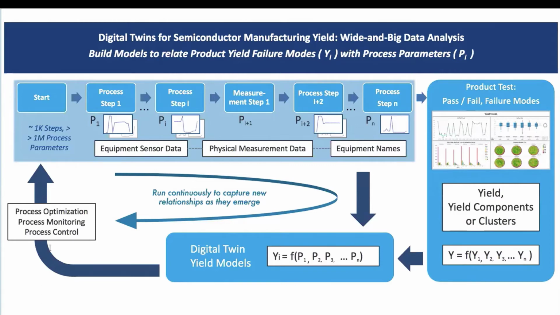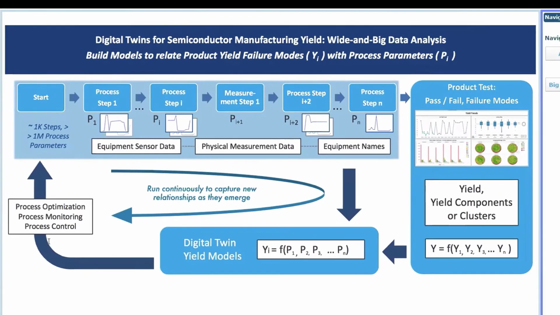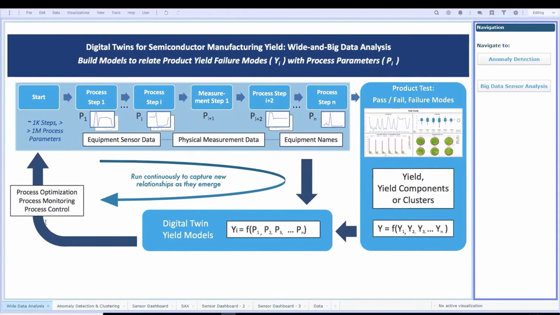If the system is architected for high performance, it's possible to automate and run these digital twins continuously to capture new relationships in real time just as they start to emerge. So a new problem at a process step that is impacting product yield will reveal itself as soon as material with that problem is tested.